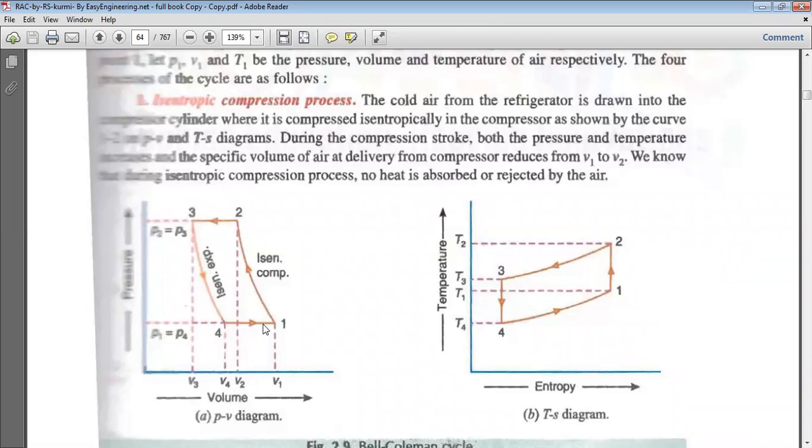Whenever heat is absorbed from the product, the product's temperature decreases. That is nothing but the cooling effect. Whenever the temperature of a product is decreased, that is cooling taking place, or we can call it refrigeration. Therefore, the quantity of heat absorbed, or the refrigeration effect, or heat absorbed from the products, we can call Q41.